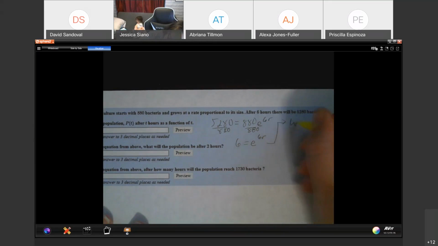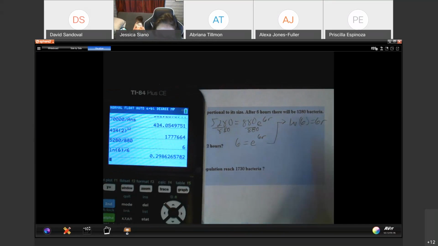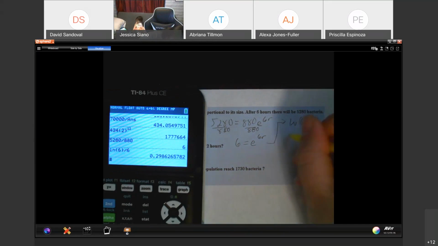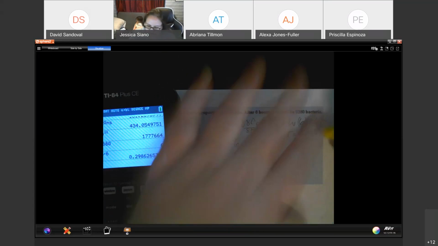So then the ln of 6 equals 6R. So the ln of 6 divided by this 6, and my rate is 0.2986. Saying round your answers to 3 decimal places, so 0.299.